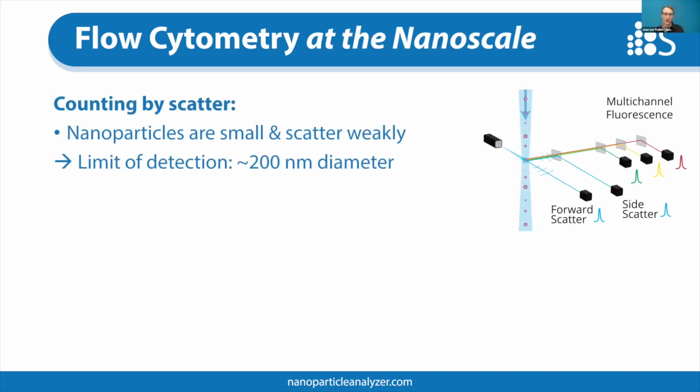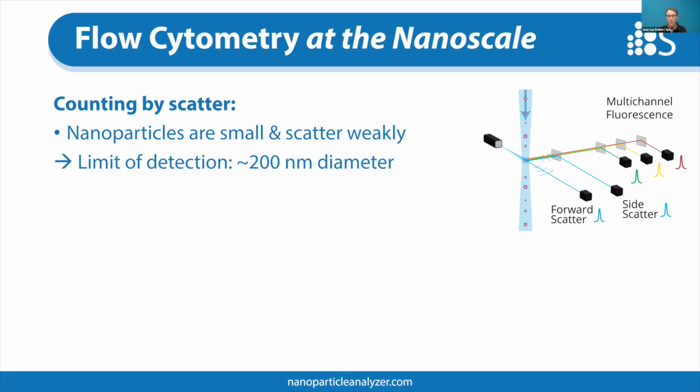The difficulty at the nanoscale is when you start counting these particles, okay, and measuring their size. So if we're going to use the scatter signal to detect and count particles, that's an issue because nanoparticles are very small, and a lot of these biological particles have low index contrast with their surrounding medium. So they don't scatter a lot of light, and that diminishes very strongly with particle diameter.